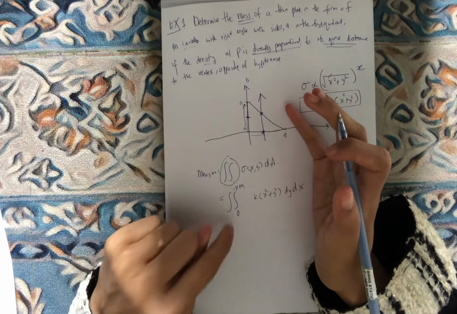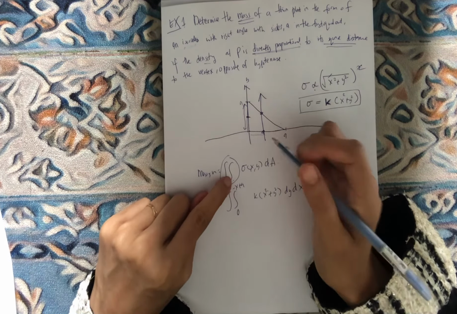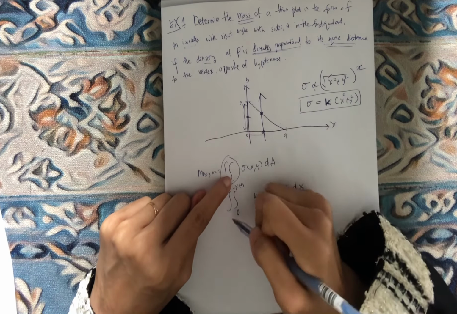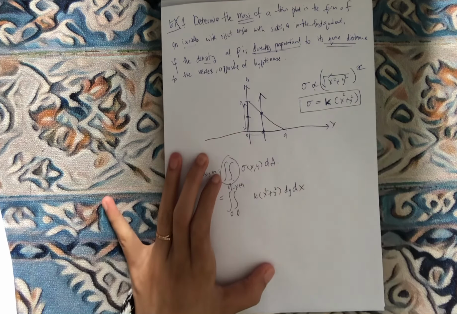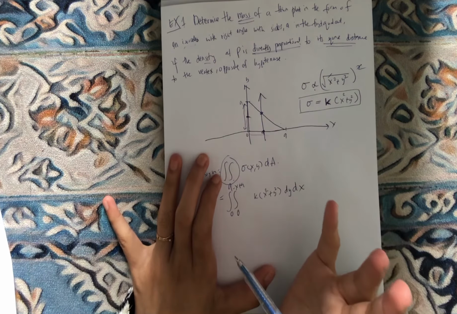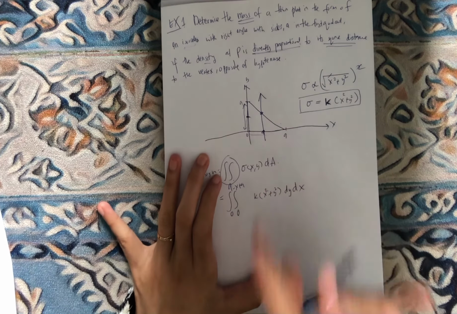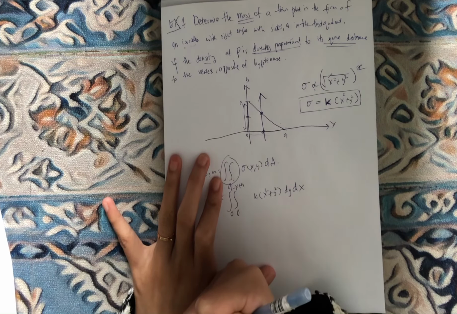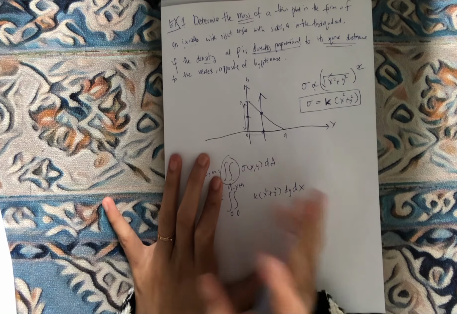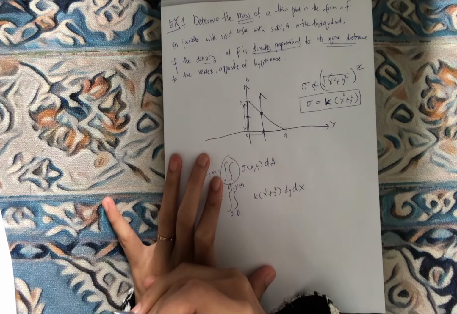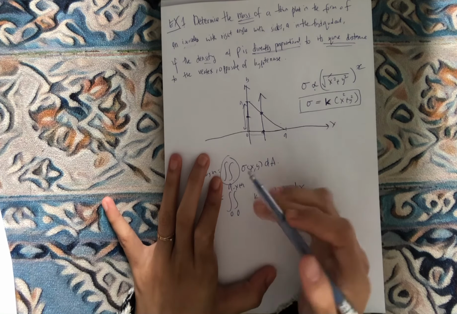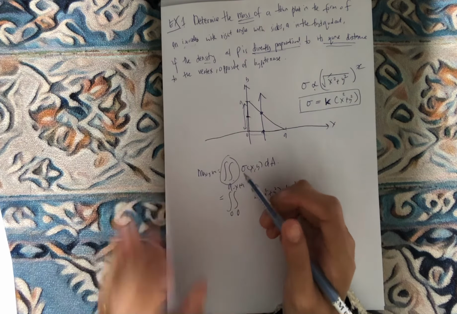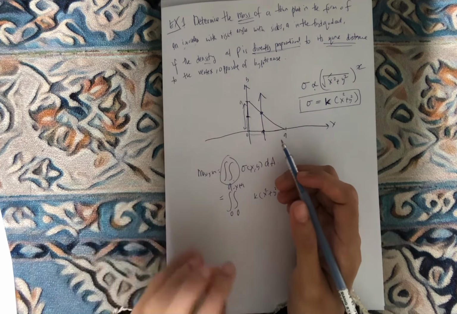So 0 until negative x plus a, and for the x limit it will be from 0 until a. Maybe you will see it's quite complicated because of a, because it's not a number, but actually it's general. If it's a number, maybe it looks easier compared to the letter A, but the steps will be the same.